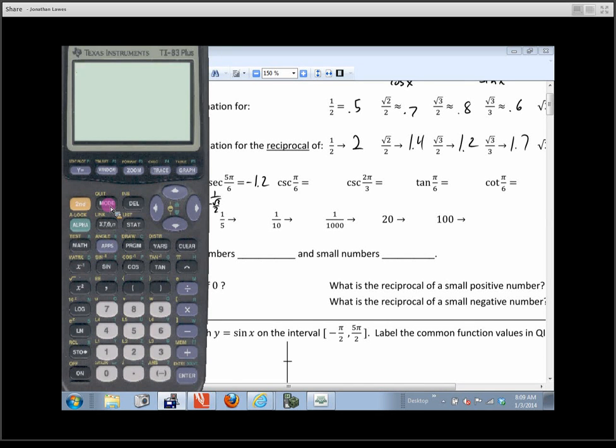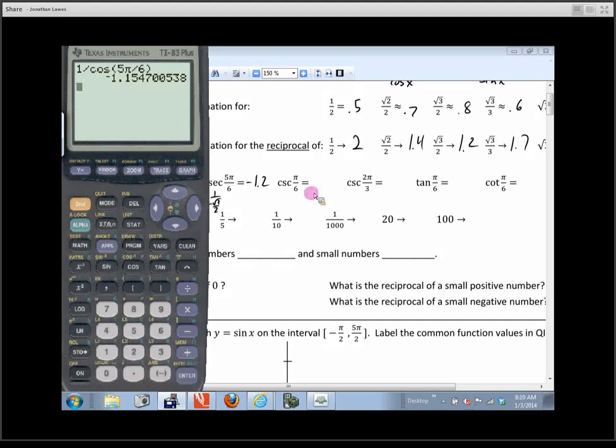So if I want it to calculate a secant, what do I do? 1 over cosine. So I'm going to do 1 divided by the cosine of 5 pi 6. Negative 1.15, so if we rounded, we'd get negative 1.2. Everybody okay with that? So it's the right value, okay?